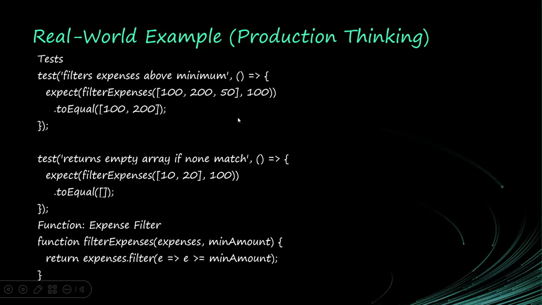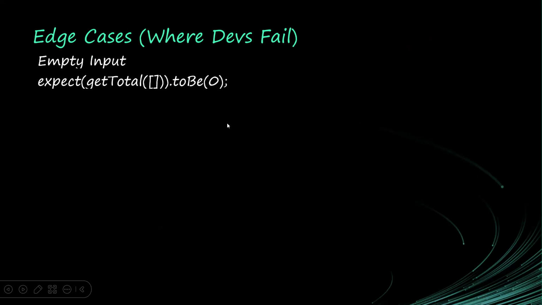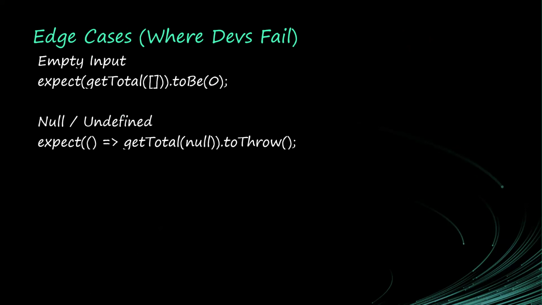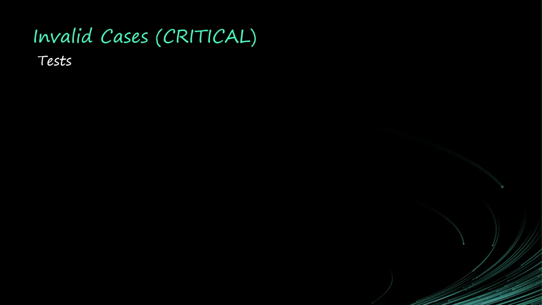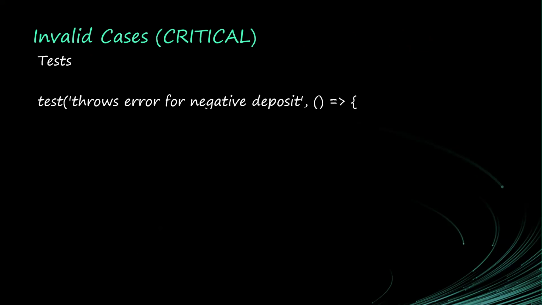All right, so edge cases that we should always check. Check if the array is empty. Always check for empty input. Always check for null or undefined. Always check for large values. Then invalid cases.